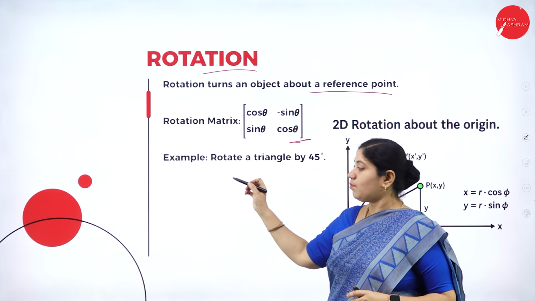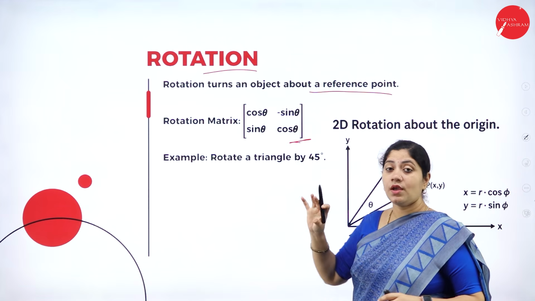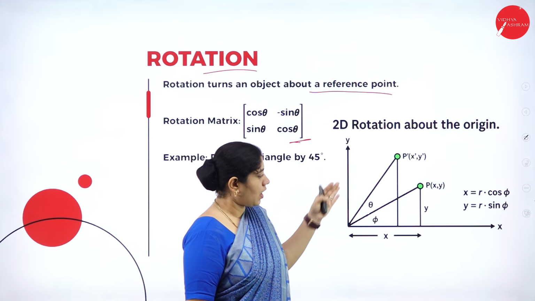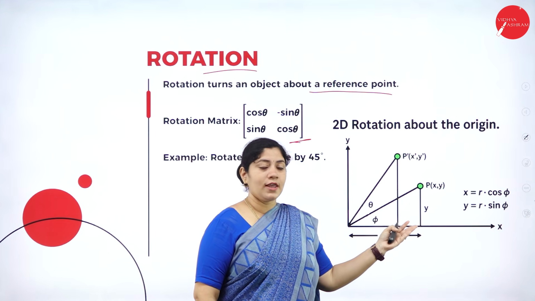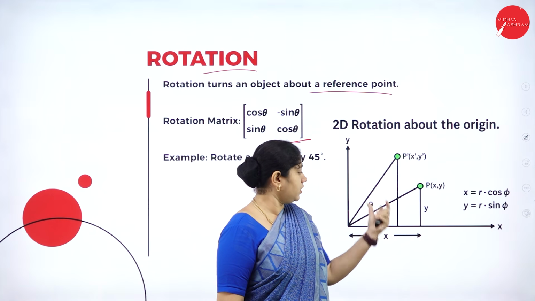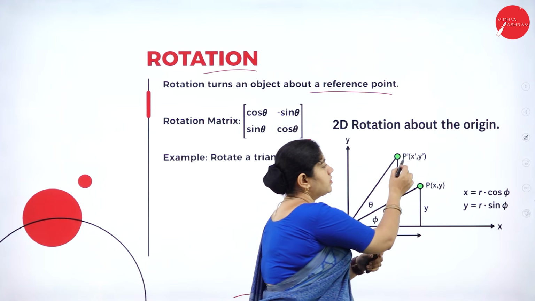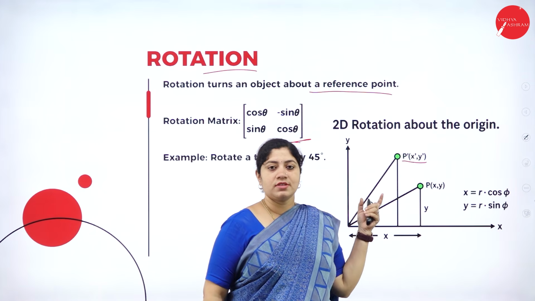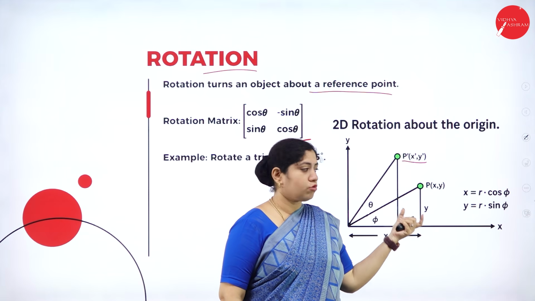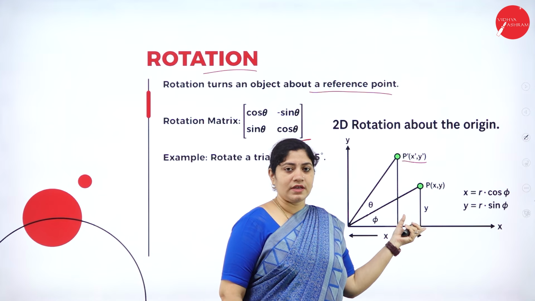And we have an example, that is rotation of a triangle by 45 degrees. Let's see how it is done here. We have a complete 2D plane. Initially we have our complete P, that is x' y'. That is the initial object, and that object is scaled and rotated by 45 degrees, correct?